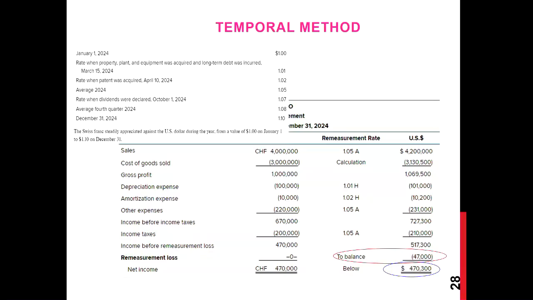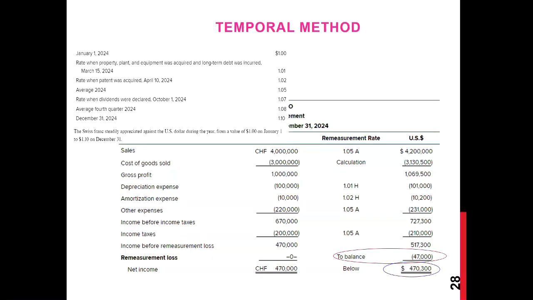So to keep your net income number at 470.3, I have to plug in some numbers here. If I plug in a positive number, it's a gain. If I plug in a negative number, it's a loss. Here, if you calculate net income in dollar value up to this, forget about this part, that number is 47,000 higher than your composite number.